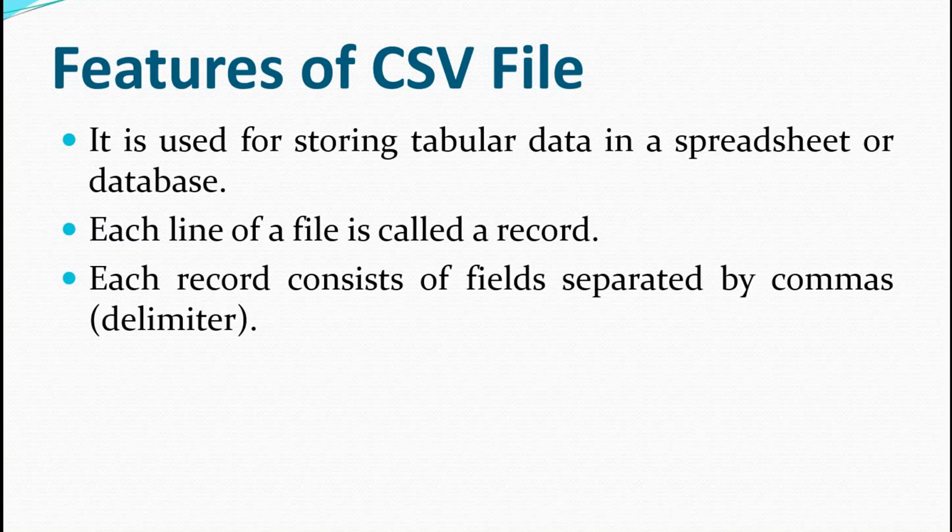If you open your file in Notepad, then only you will see the commas. If your file is opened through MS Excel or any spreadsheet software, then you will not see commas because the elements are stored in a tabular manner.